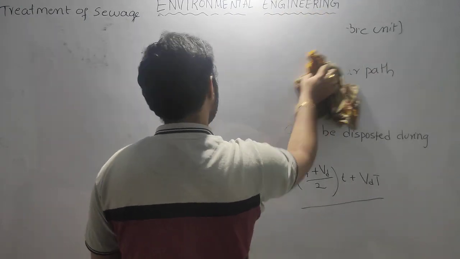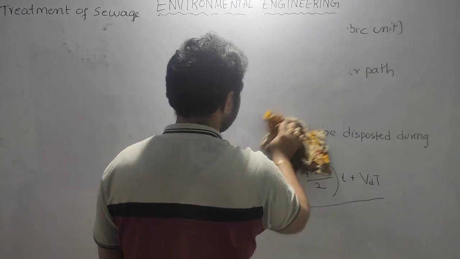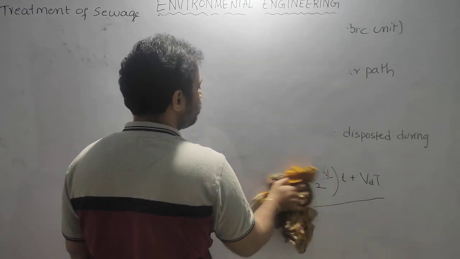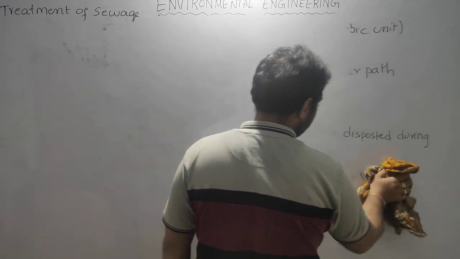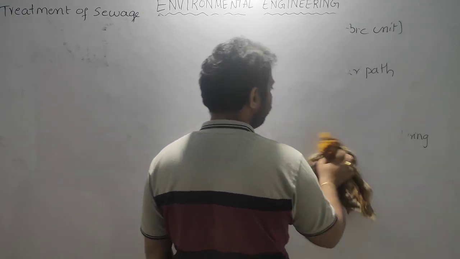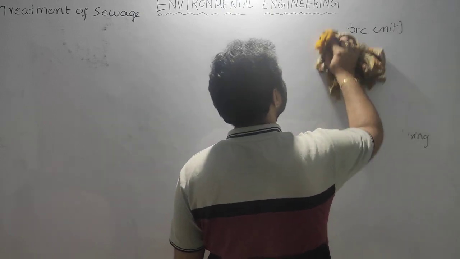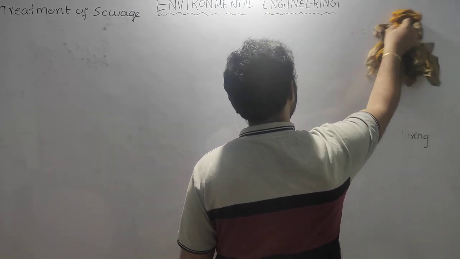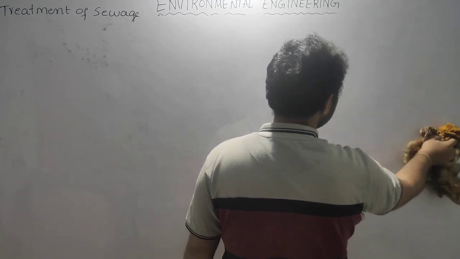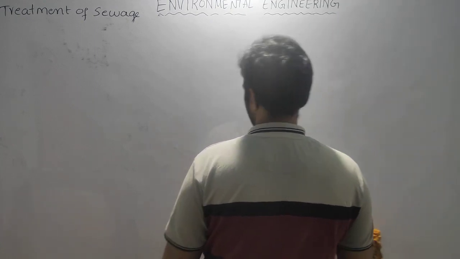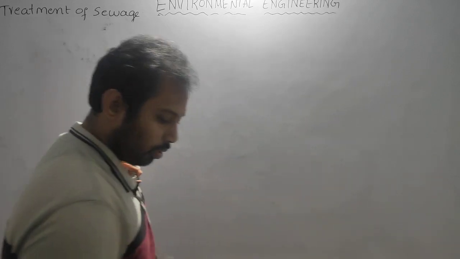That role is taken care of by the sedimentation part, the settling zone inside the septic tank. When the settling is over, the sludge settles deep into the septic tank. There it will undergo anaerobic digestion, because there won't be any free oxygen available in the septic tank. It is completely closed.